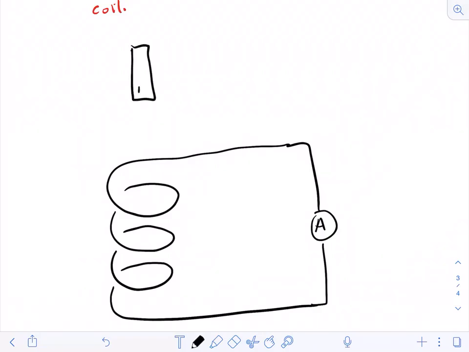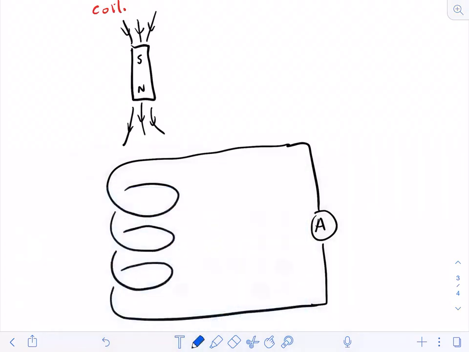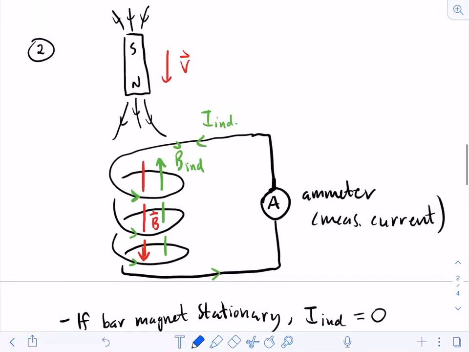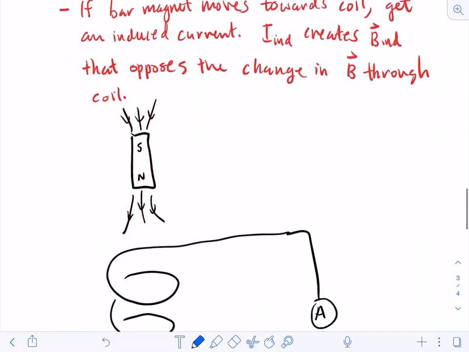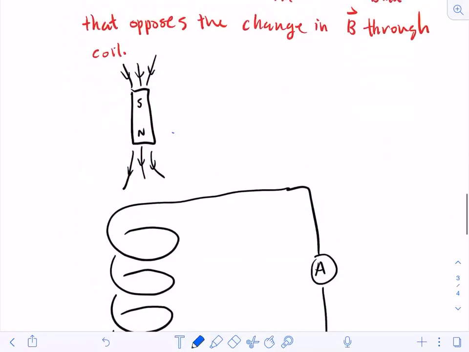It's going to be a north and a south again. So far it's identical. And what we'll do is take our bar magnet, and instead of moving it towards the coil, we'll move it away from the coil.